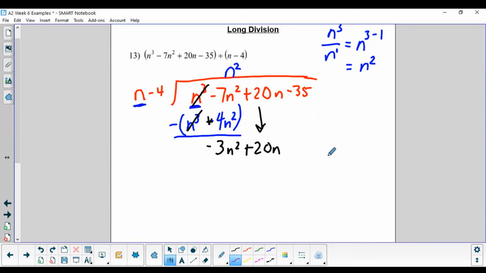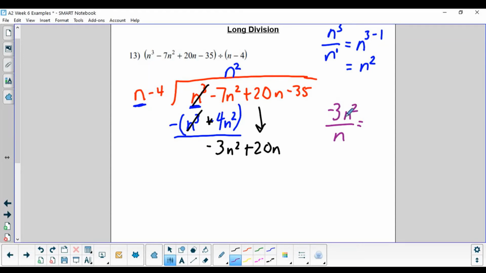Okay. So we're going to repeat this process. So here I have -3n squared. So I'm actually going to include the number that's with the n to the power of 2. So I'm going to say -3n squared, and I'm going to divide it by this n out front. So just like before, this time I have a number out front.